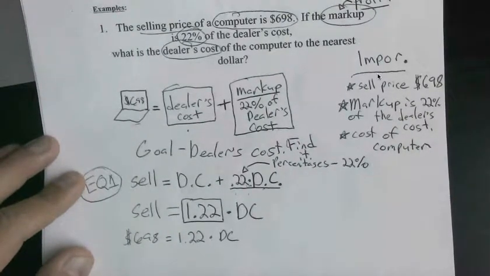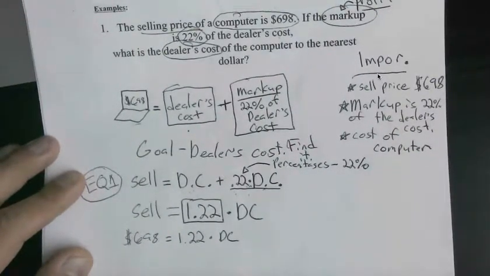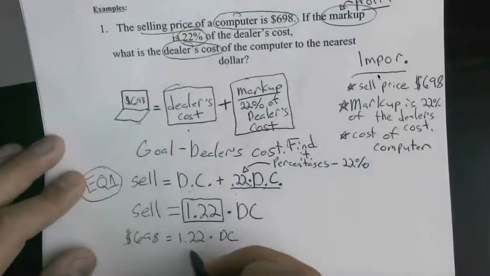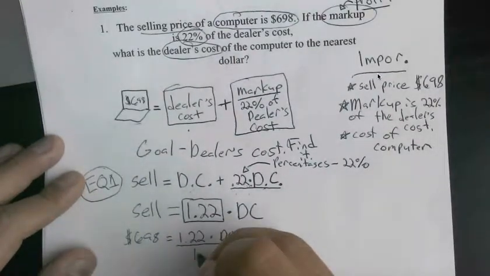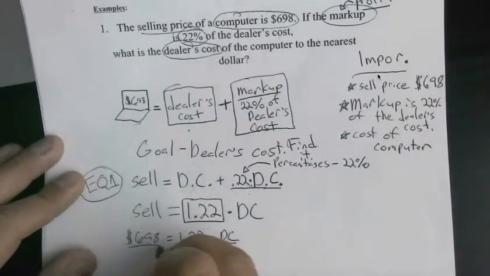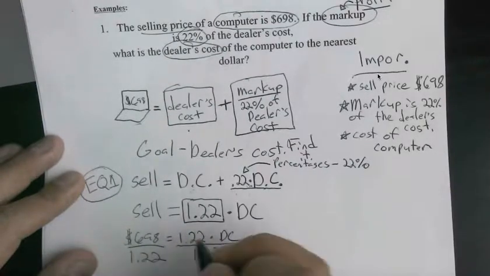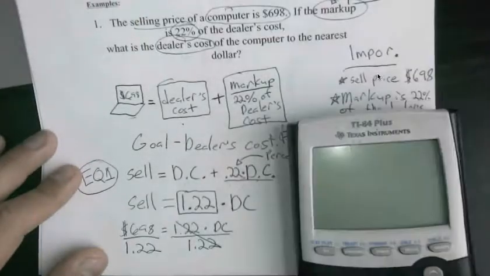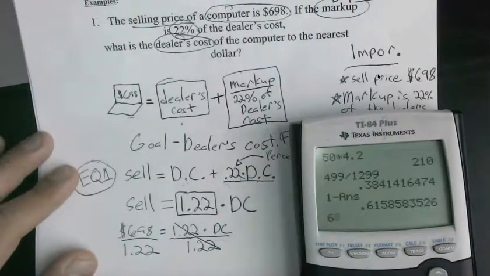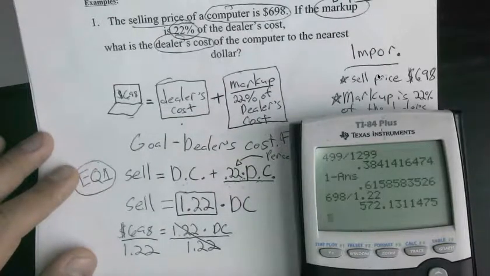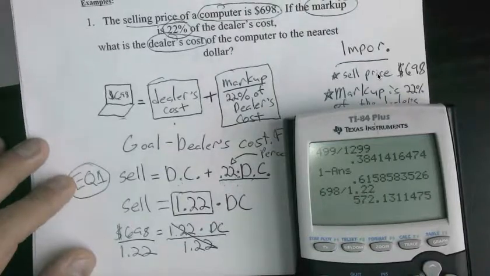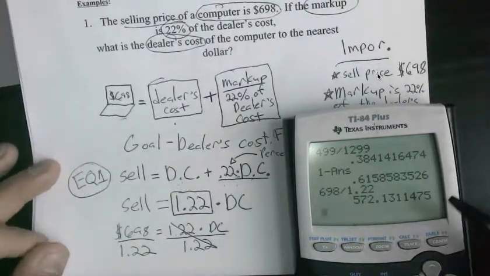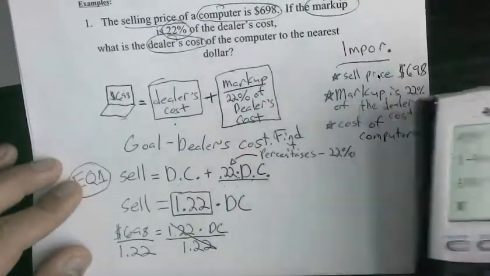Well, I know that 1.22 is multiplying with the dealer's cost, so if I use division, so use opposites, dividing both sides, I can then say that if we have 698, and we're dividing by 1.22, the dealer's cost should be approximately $572 with 13 cents.